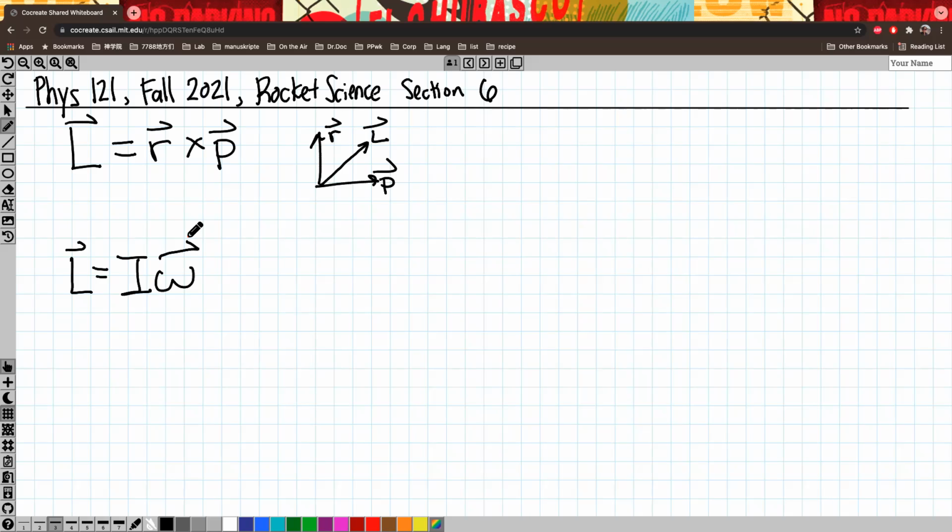Yeah, so now you know how to answer the second part of this question. The first part was just the initial angular momentum, going straight up in the positive z direction. For the new angular momentum, it's going to be aligned according to how the rocket has rotated, right? Yeah.